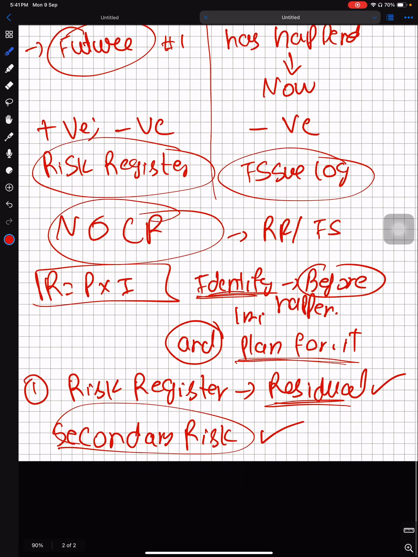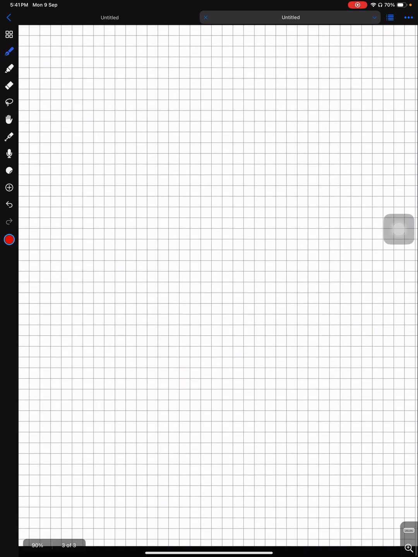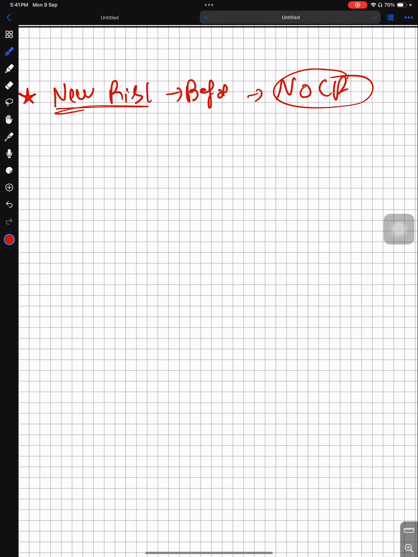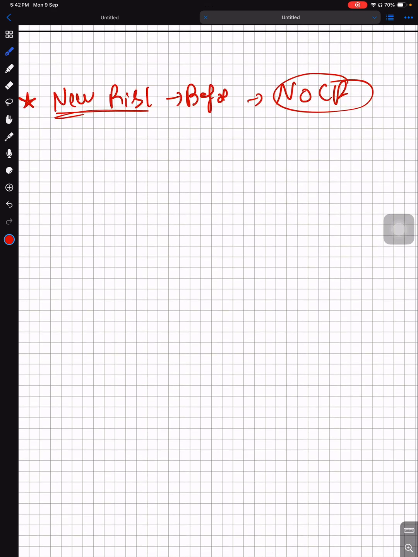Anytime throughout the project, a new risk is identified. New risk means it is identified before happening. No need of CR, just update the risk register. Now, if the response needs to change the plan, for that you may have to raise a change request. But to put it in the risk register, we don't need to raise a change request.